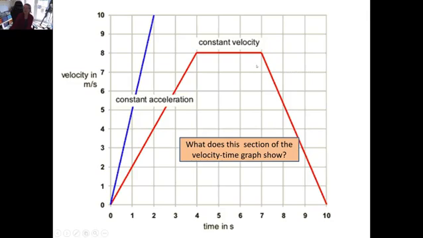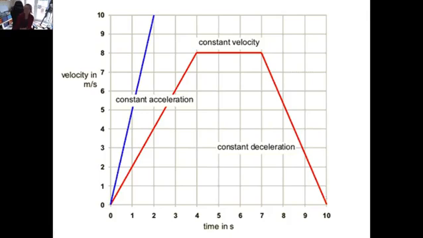So what does this section of the velocity time graph show us? Well, that's quite straightforward. Here the object is constantly decelerating. So again, this is our acceleration, and this means the object is slowing down, and that's what we mean by a deceleration or a negative acceleration. It means the object slows down.